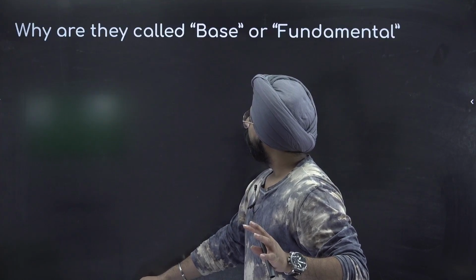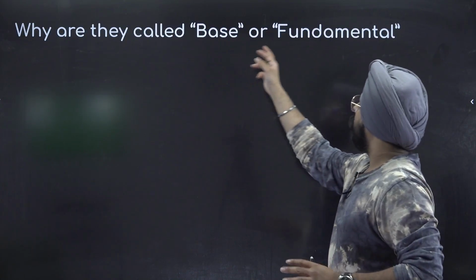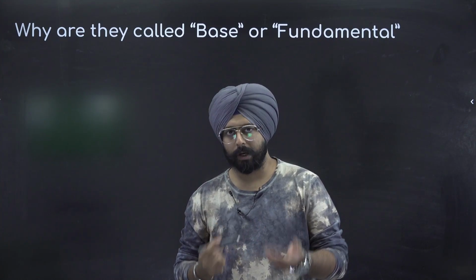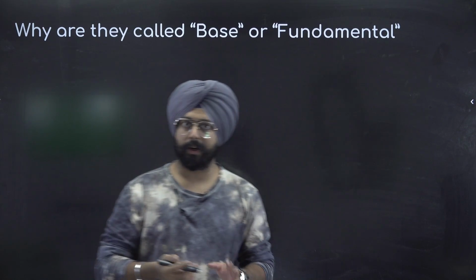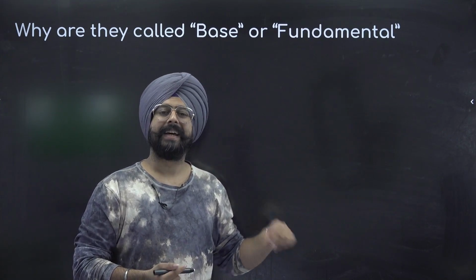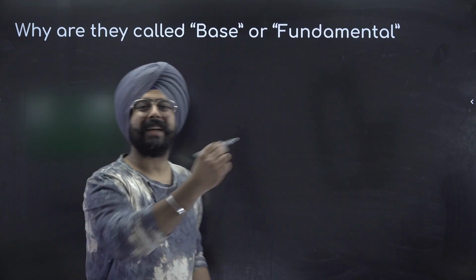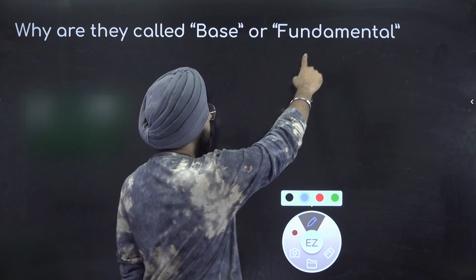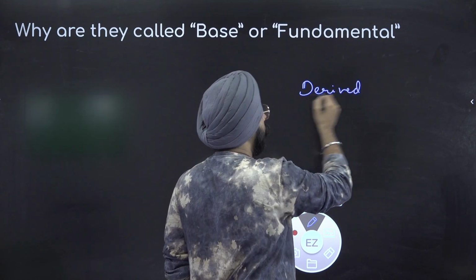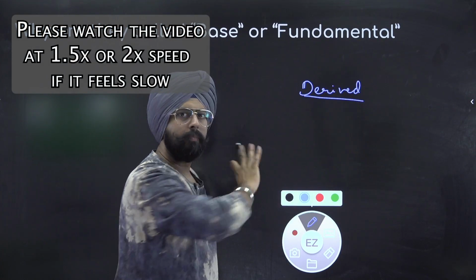Alright. Now, why are these called the base or fundamental quantities? Well, there are two types of physical quantities. One are basic, fundamental, the ones we've seen. The others are called derived quantities. Derived quantities are those which can be derived from the basic quantities.